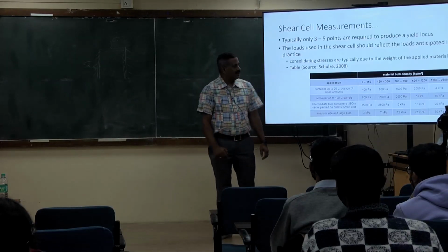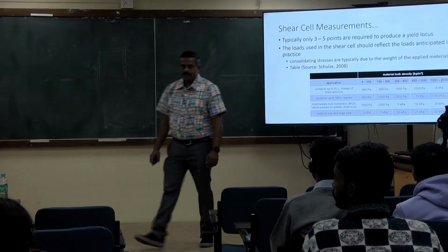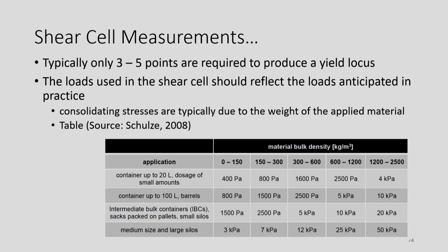Go ahead. Previous slide, yeah. Like it is mentioned, 50 kilopascal is the maximum lateral pressure it can withstand on the top or on the bottom. That's a good question. Usually, if you read Schulze's book, you can start with 50 kilopascal, assuming at the bottom. But you can get anywhere, right?